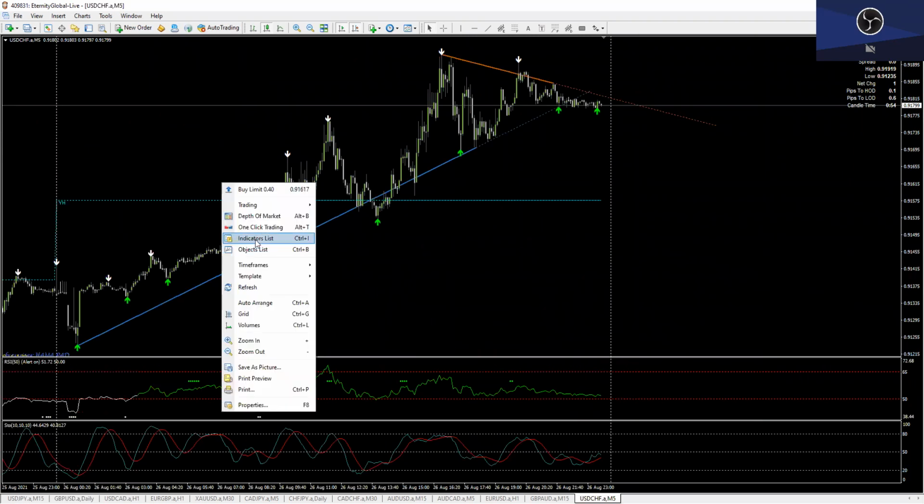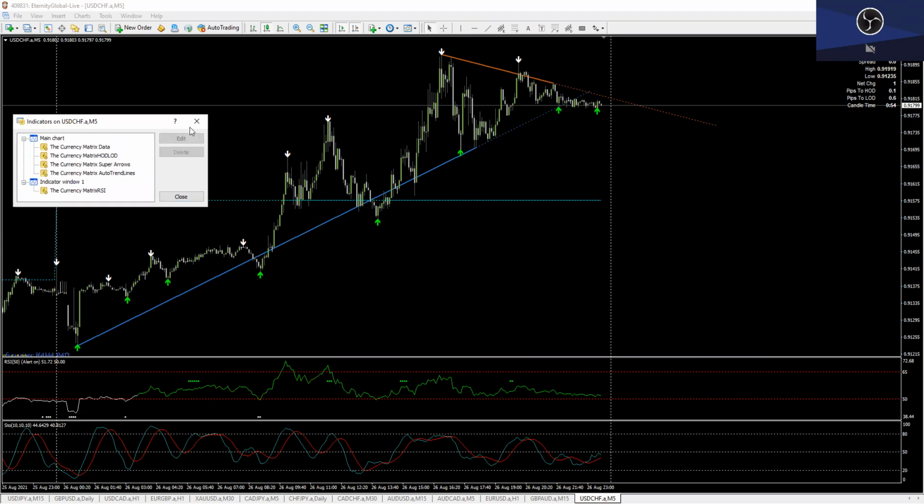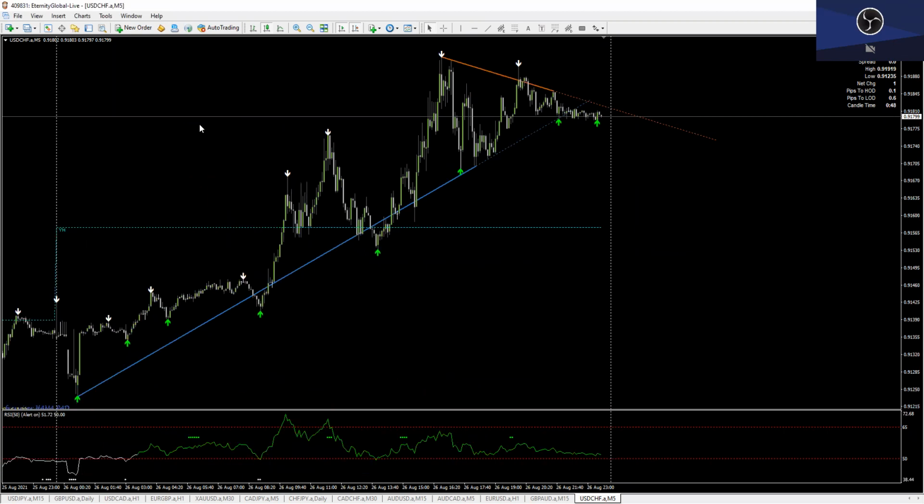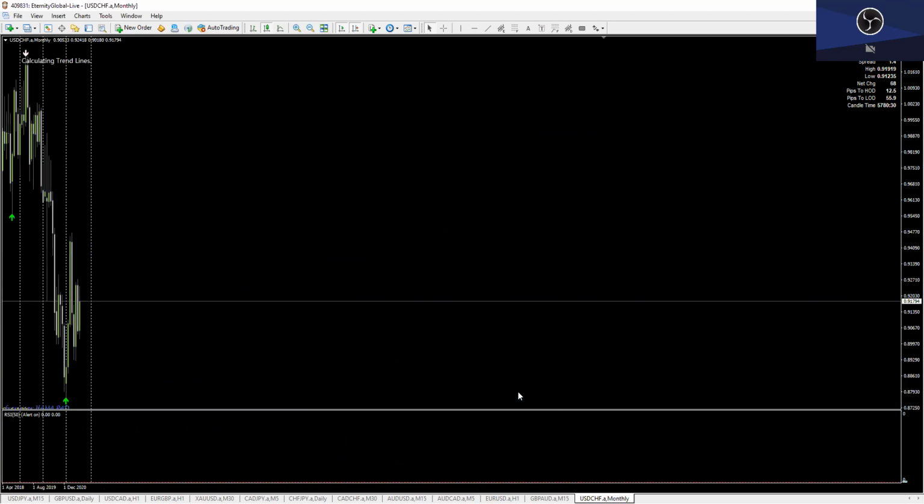All right. So here now we are looking at the USD Swiss franc. Let's go ahead and go out to our highest time frame, our monthly time frame, and begin our top down here.